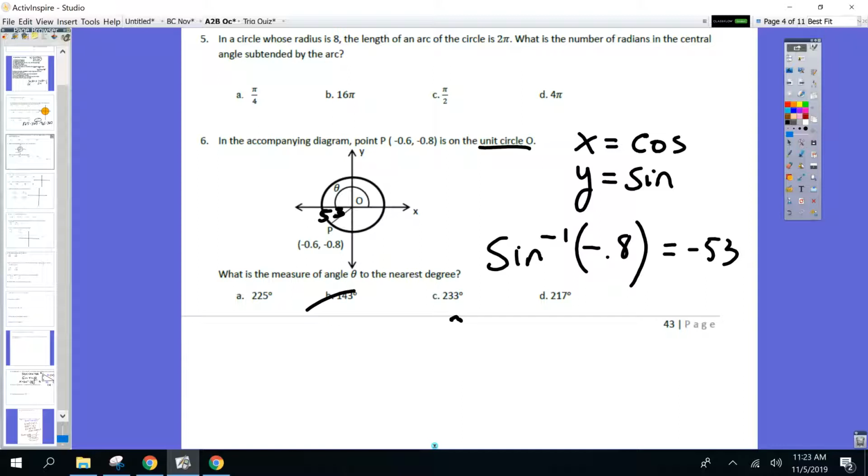How can you find that angle in quadrant 3 now? 53 plus 180, 233. There you go. Because I was on the unit circle, I knew that was the cosine and that was the sine. And anytime I'm asked to find the angle at the end of the problem, I do a little inverse.